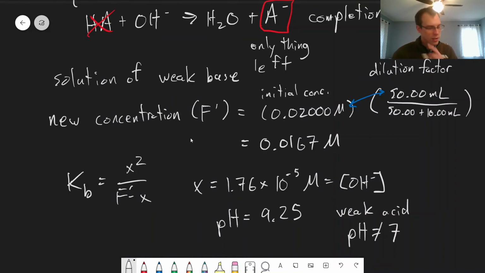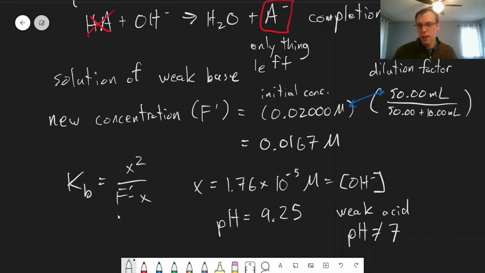Right, so this is a misconception that sometimes is present. You think, oh, I neutralized everything, so pH is 7 at the equivalence point for a weak acid. But in the case of a weak acid, what you've done is you haven't neutralized everything. You've turned your weak acid into a weak base, and so you should get a slightly basic pH whenever you're titrating a weak acid at your equivalence point.